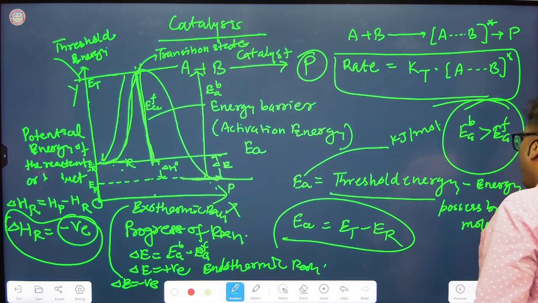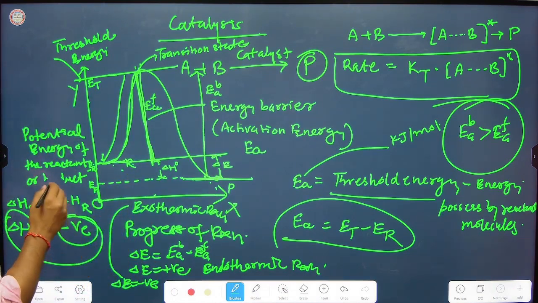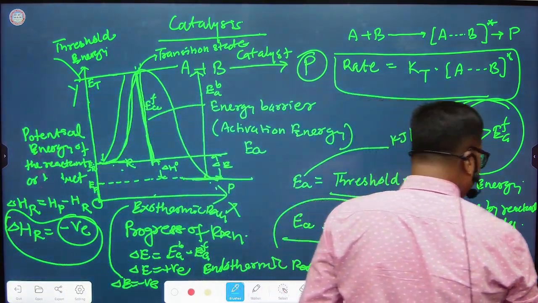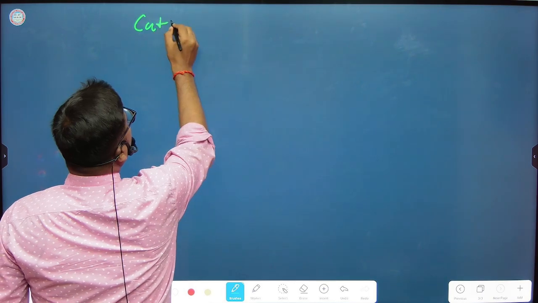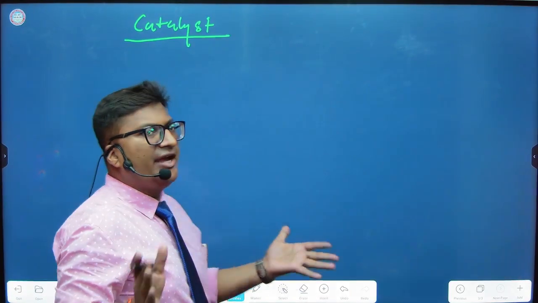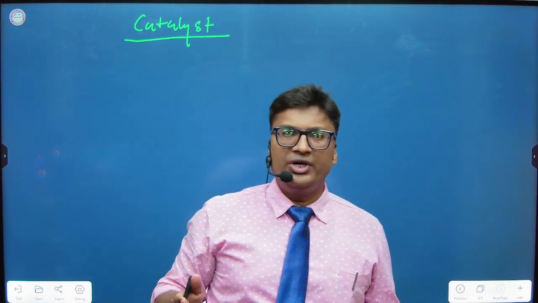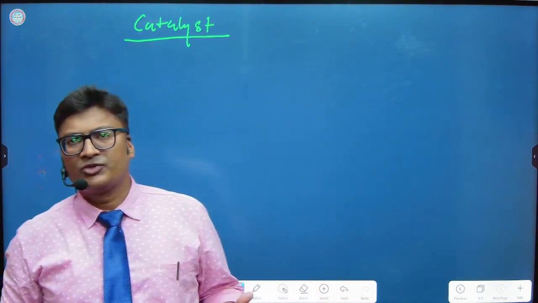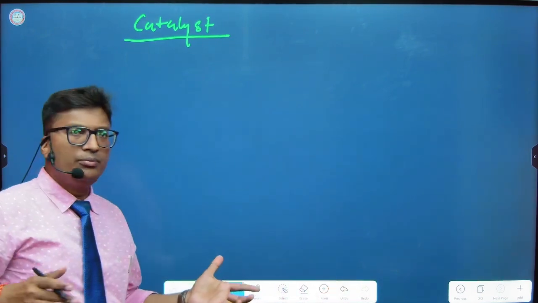Now what happens if we add a catalyst? So we can define a catalyst. A catalyst is a substance that is used to speed up or enhance the rate of a reaction without consuming itself to produce product.